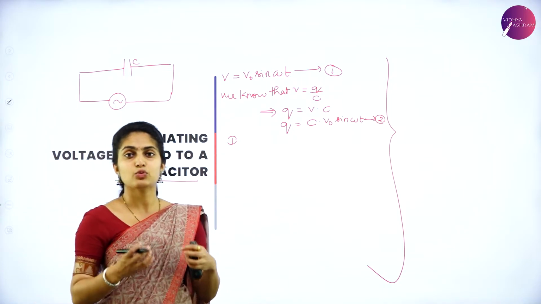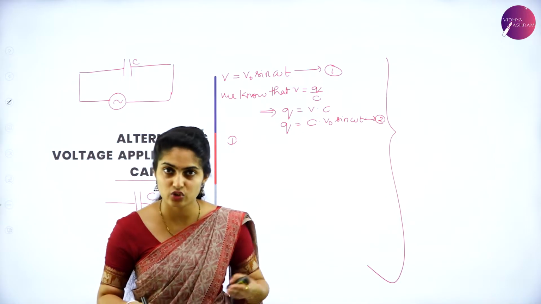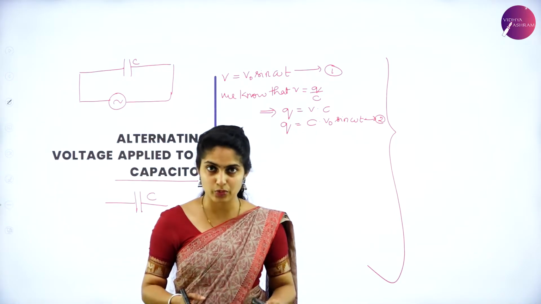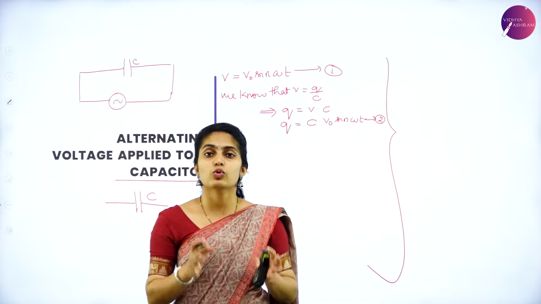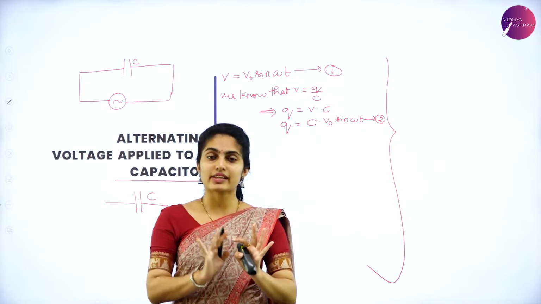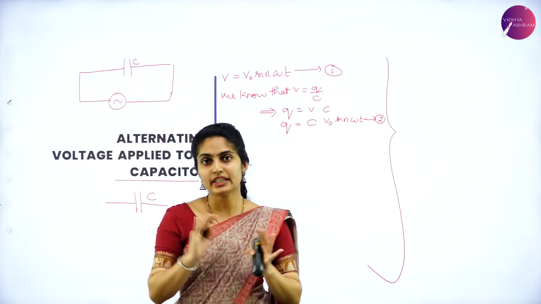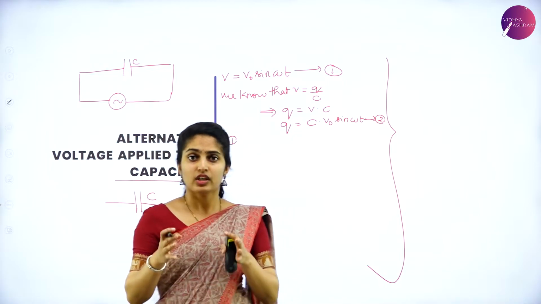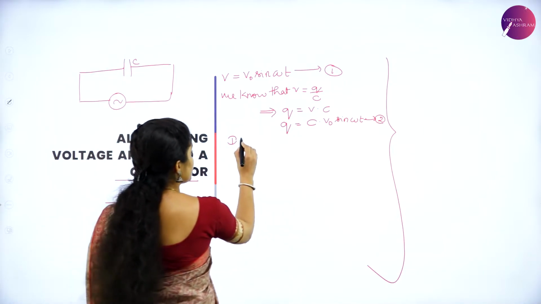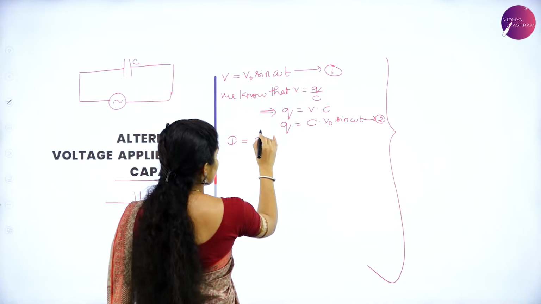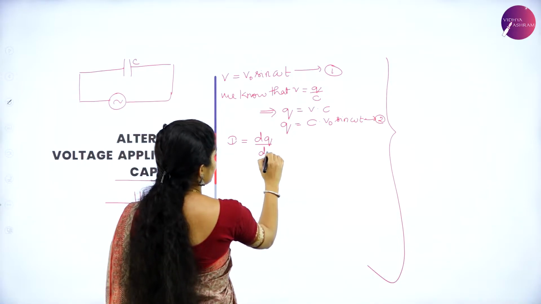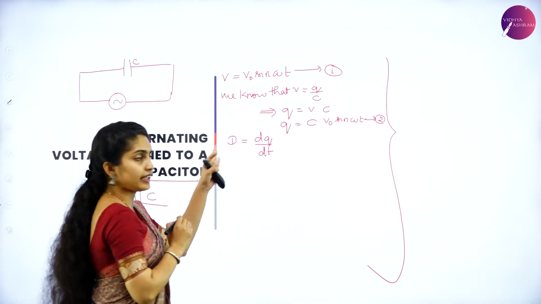Whenever the alternating voltage is applied to a resistor, inductor or capacitor, whatever the circumstances, the only thing we check is how exactly the voltage and current react with respect to each other. So we know that change in charge with respect to time is the current I.